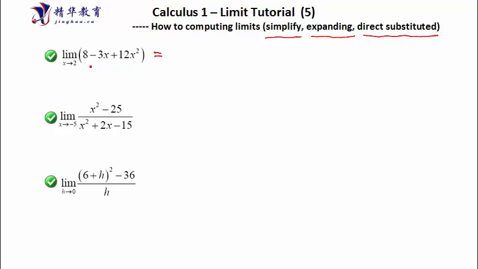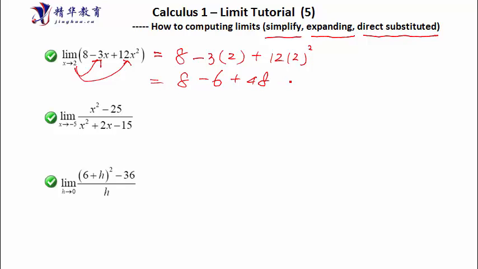We don't have any problem here, so we just directly substitute 2 into x and we're done. 8 minus 3 times 2 plus 12 times 2 squared equals 8 minus 6 plus 48, which is equal to 50. That is the easiest limit question ever because we don't have any problems.